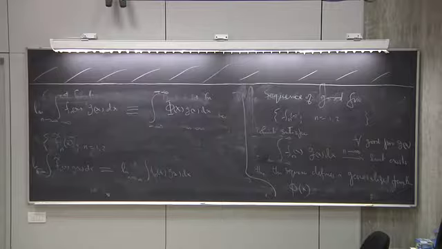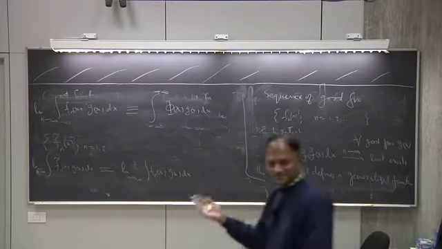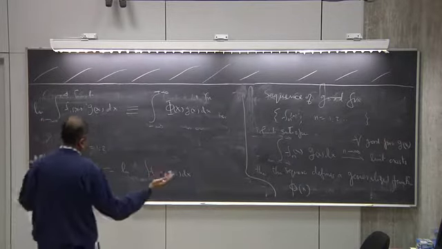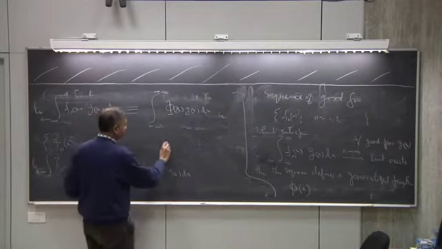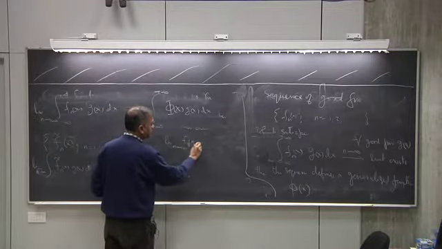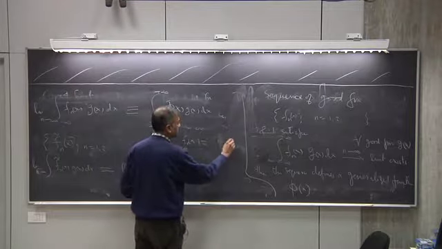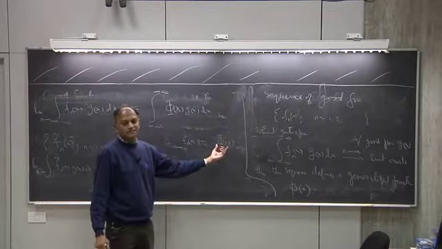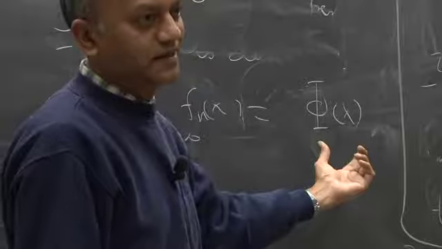And when we evaluate the limit of Fn, comparing with this result, can we say that this limit of Fn is equal to this function? No, because it's not a function. You're asking whether I can just call this phi of x, except that this is not a function in any normal sense.